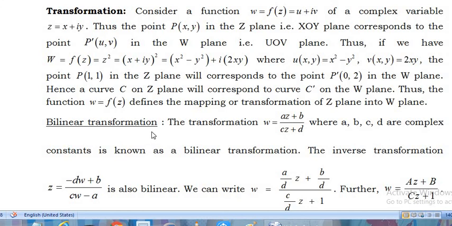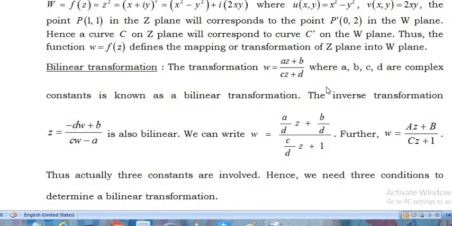Bilinear transformation. The transformation w equal to (az plus b) upon (cz plus d), where a, b, c and d are complex constants, is known as a bilinear transformation. Now, w is expressed as a function of z.